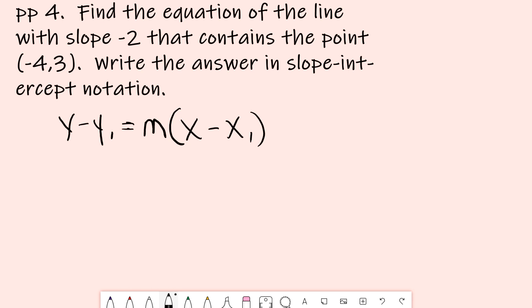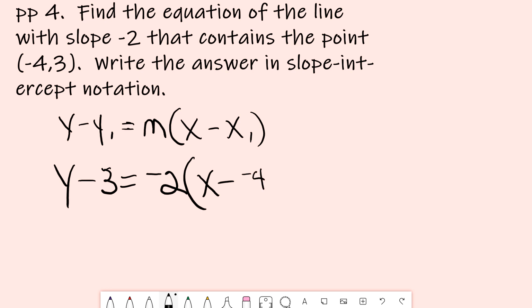All right, m we know is a slope, so I'm just going to plug in what I know. I know that y minus y1, and y1 is 3, so it's y minus 3 equals m, which we know to be -2, times x minus x1. Now x is -4, so I'm going to write it as x minus -4.